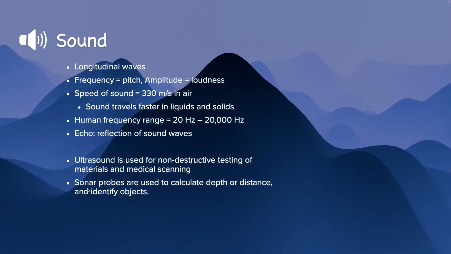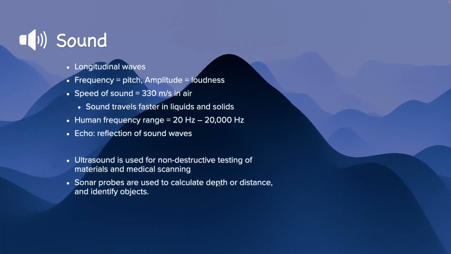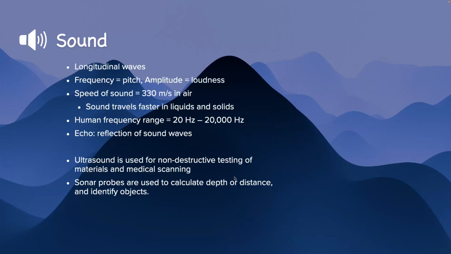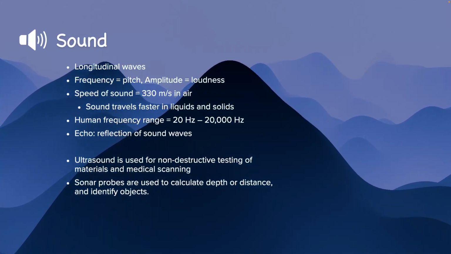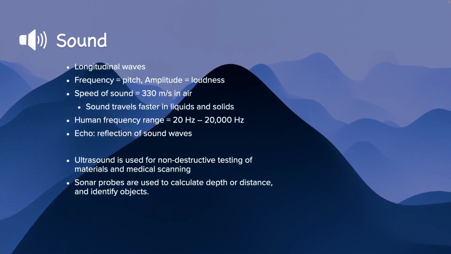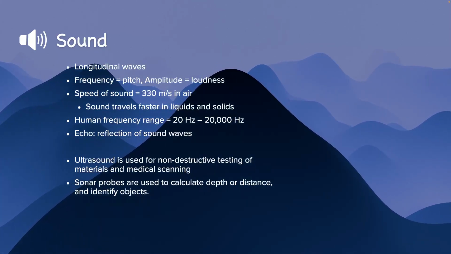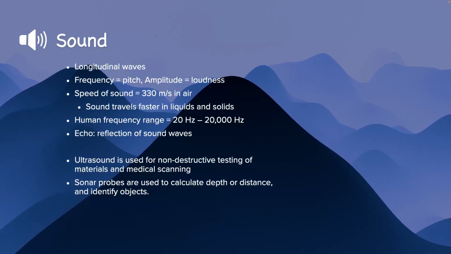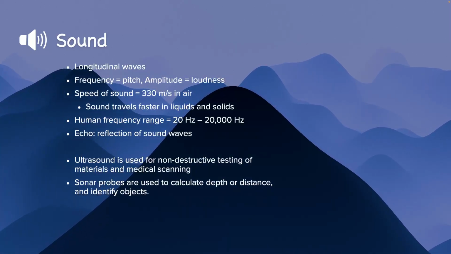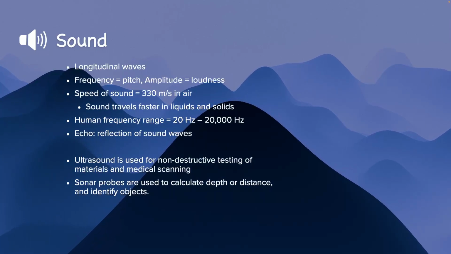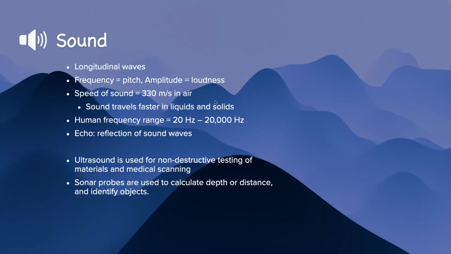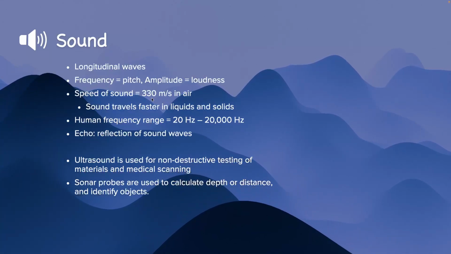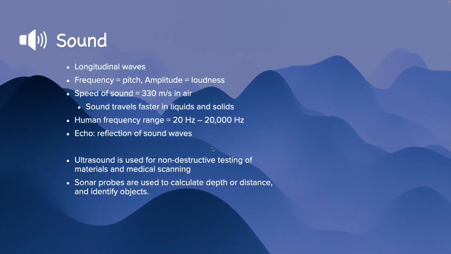Sonar probes are also used to calculate depth or distance or to identify objects. These use echoes or reflection of sound. For example, if you transmit sound at your position and you hear an echo after a certain period of time, you can use that time in seconds, together with the speed of sound, to get the distance.